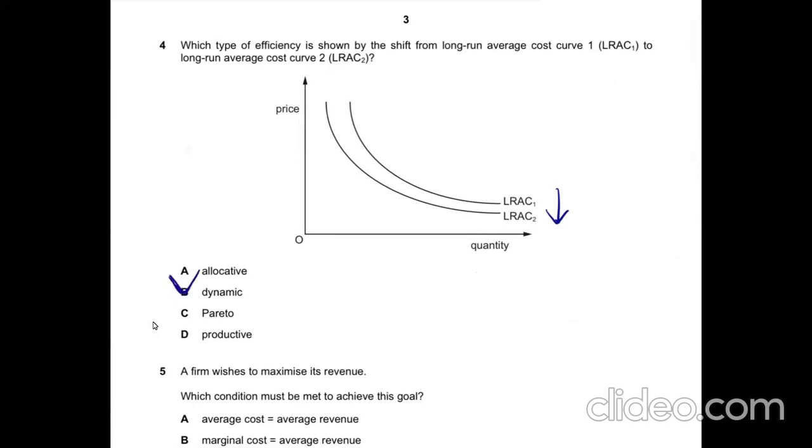For allocative efficiency, we should know the marginal cost curve and marginal revenue curve or things like that, but we don't know that. Pareto, we've just checked the Pareto scenario, so not this case. Productive, we should have the AR curve and ATC curve together, but we don't have that, so that's why B has to be the answer.